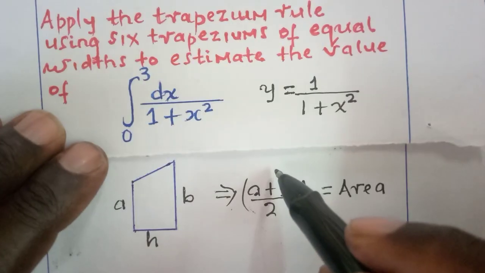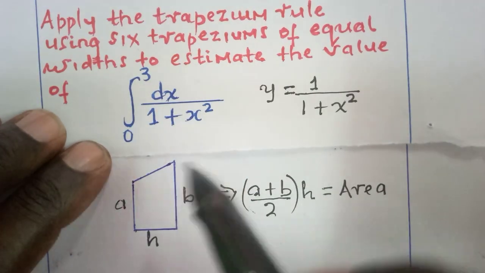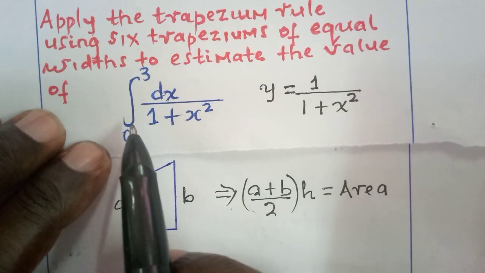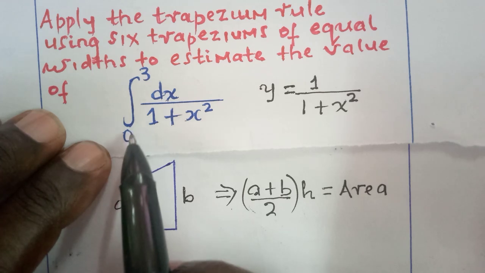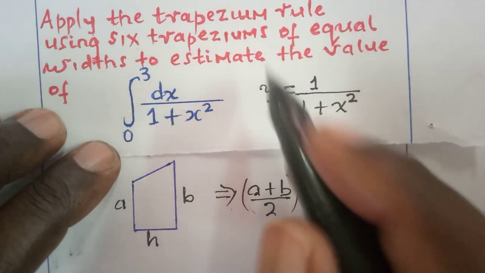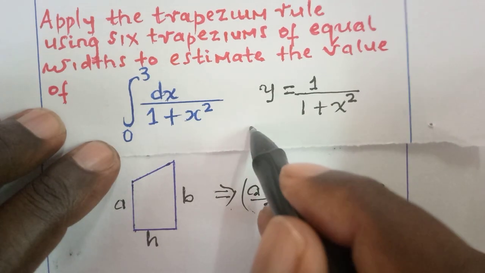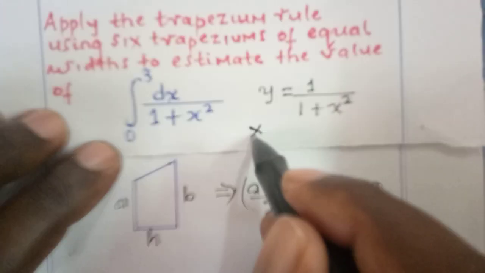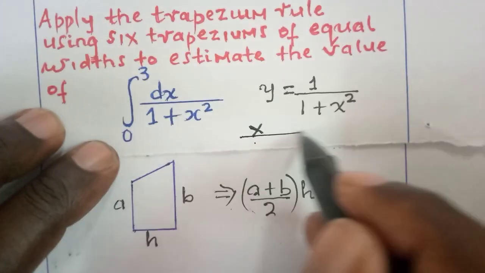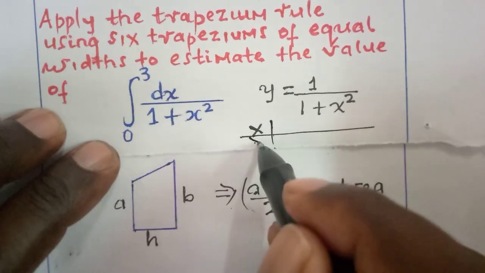For us to be able to get the coordinates of that curve, we are going to have two rows, the row of x and the row of y.